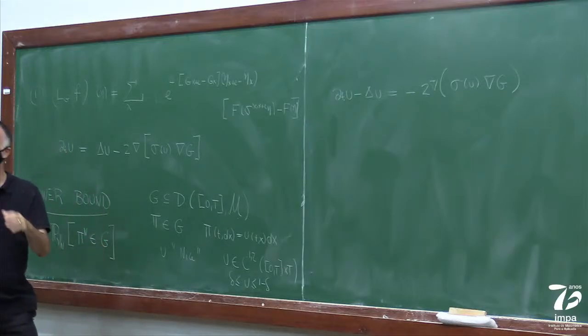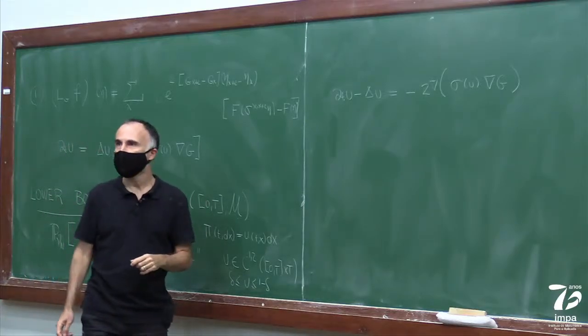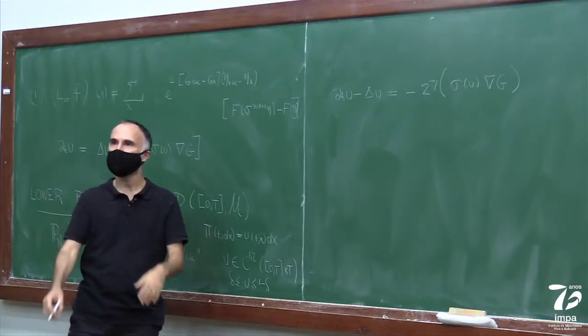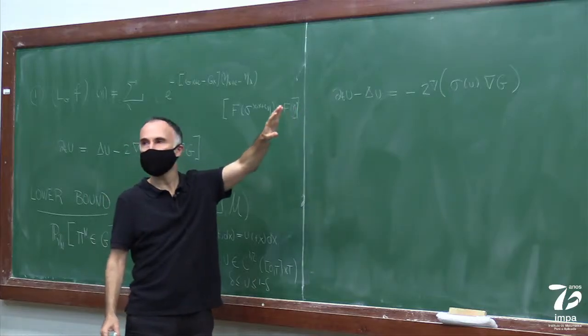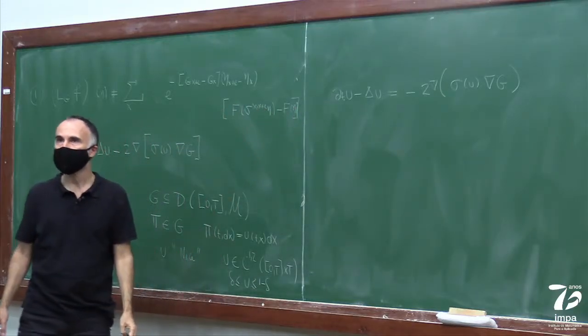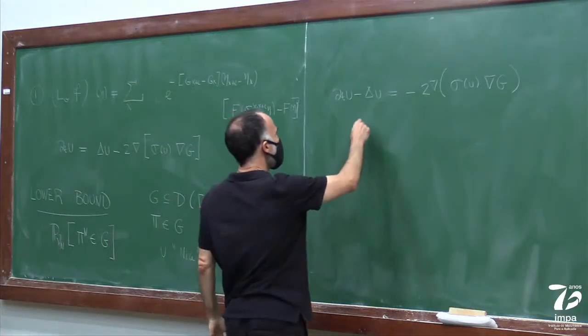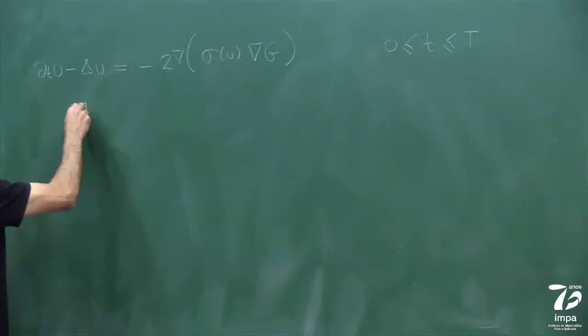Just have to be careful because you want g to be periodic, and so you have to add constants for these integrals to be 0. But what I claim is that given u smooth, there exists g.